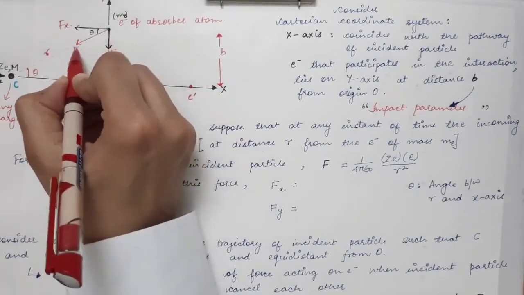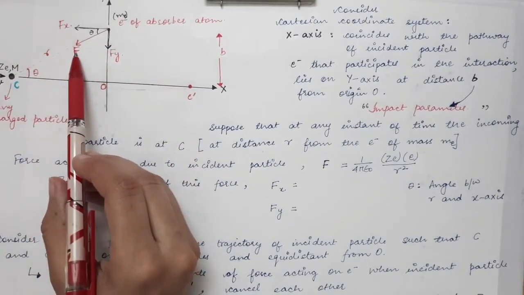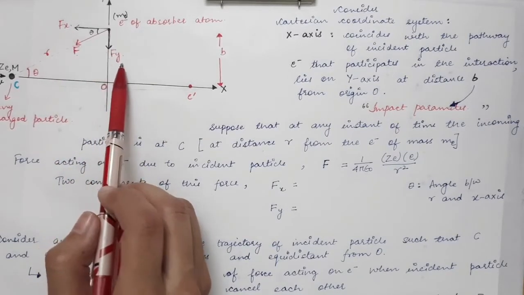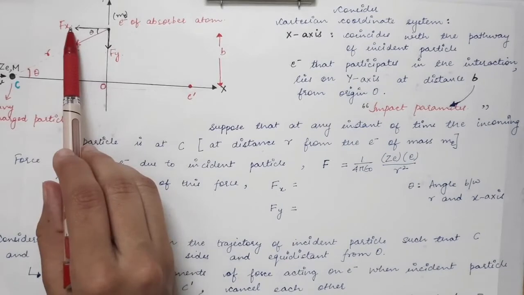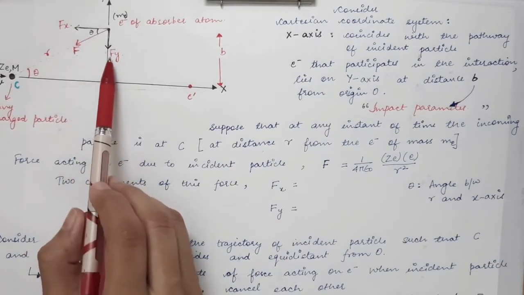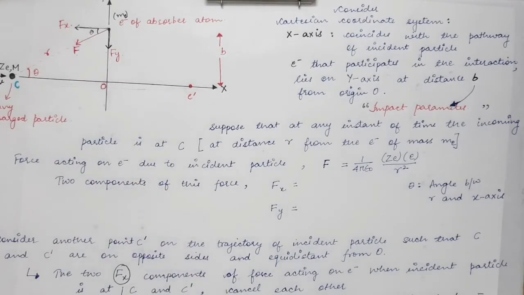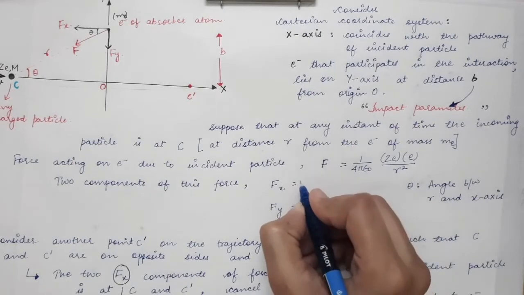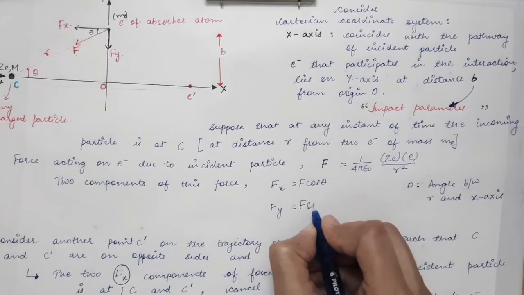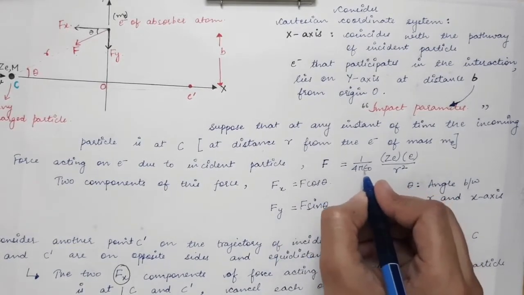So the magnitude of total force is F, the horizontal component is Fx, and the vertical component is Fy. So Fx will be equal to F cos theta, and Fy will be equal to F sin theta.